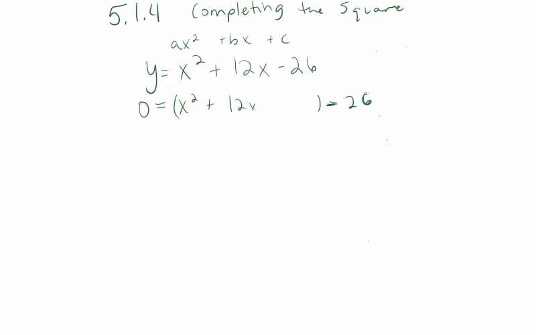Okay, so we are going to do something that's called creating a perfect square trinomial. Okay, so the perfect square trinomial is, hold on, I'm just going to give you an example. X squared plus 10x plus 25.